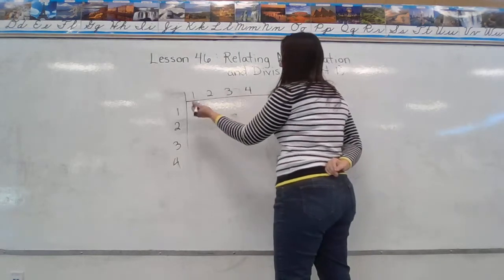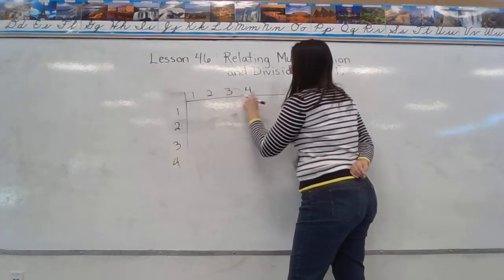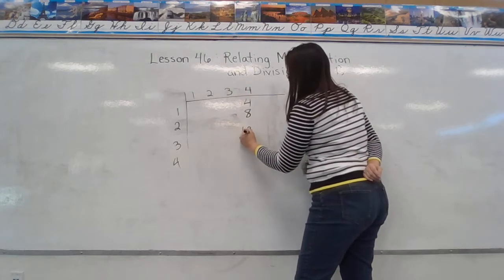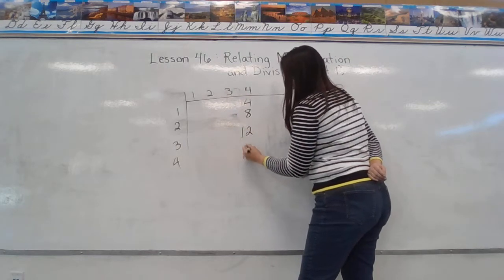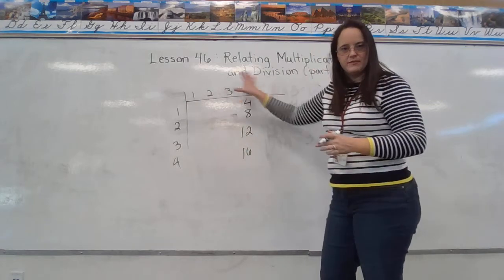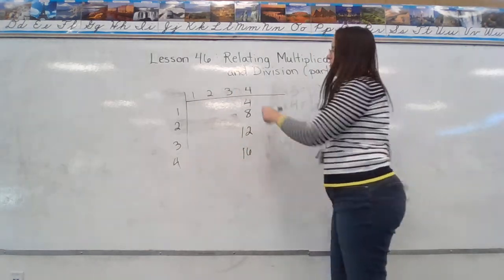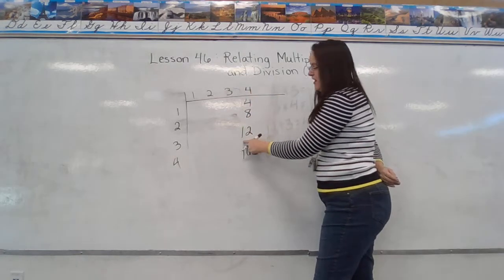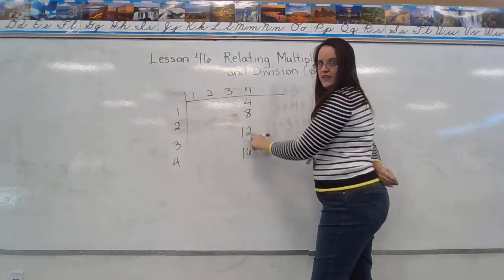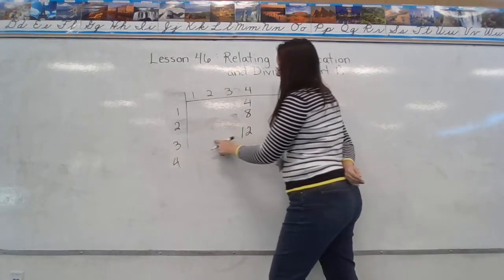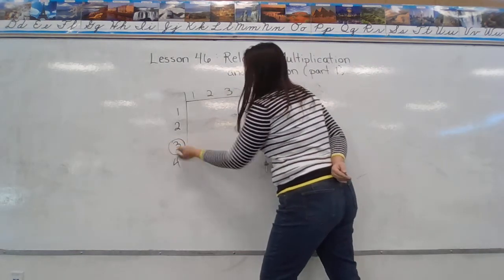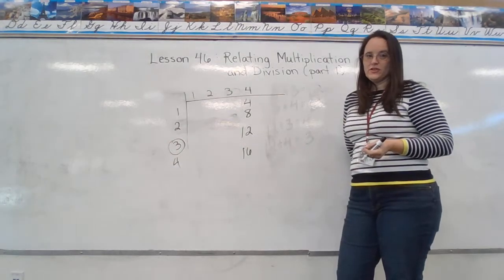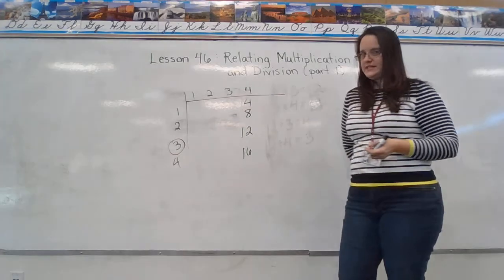So 1 times 4 is 4, 2 times 4 is 8, 3 times 4 is 12, 4 times 4 is 16. It's a multiplication table. You go to your 4, and then you go down to the 12, and then we go across, and we would find that 3 is the missing factor, or the answer to the division problem, which is called a quotient. Okay?